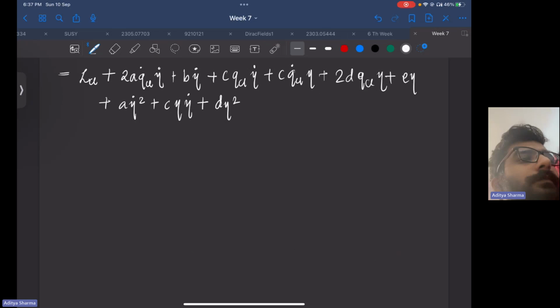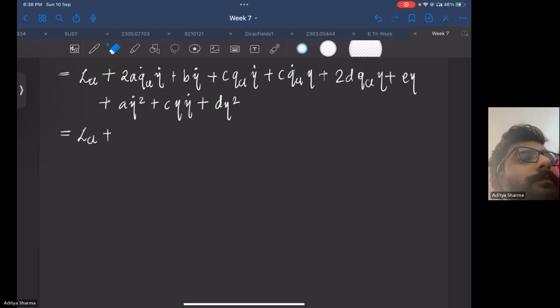Now we will try to write all these terms as a full addition. You will try to write this term as a total derivative.